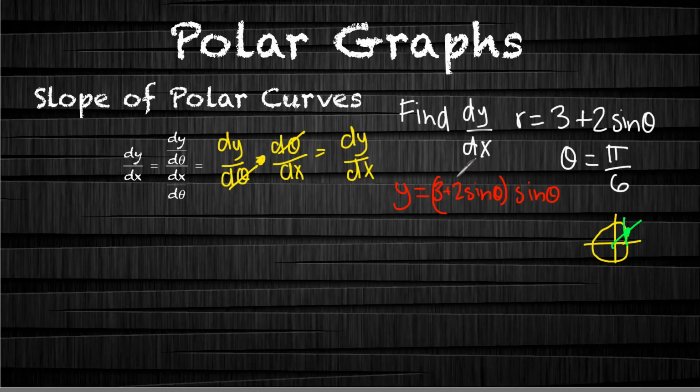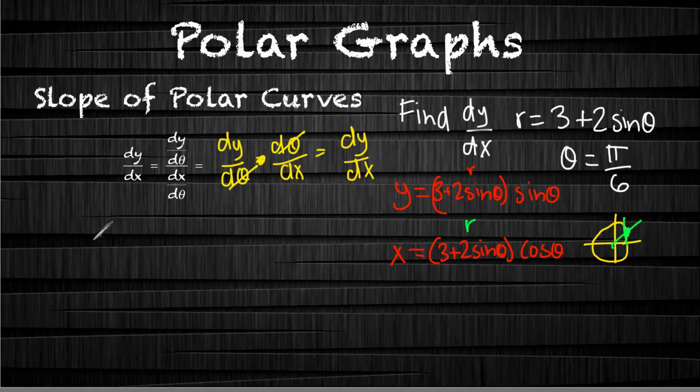So this is your r, and this is your sine theta right here. All right, so x is going to be r cosine theta. So r, once again, is 3 plus 2 sine of theta, times cosine of theta. And so here's where you have to be careful, because this is going to be your r, and this is going to be your cosine theta right here.